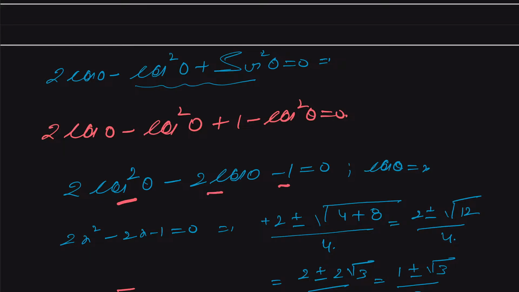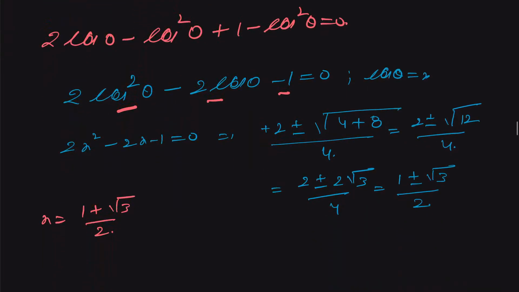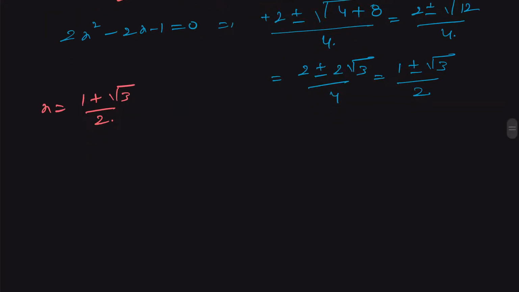This is correct. 2 minus this, and we have minus b plus minus the square root of b² minus 4ac, where minus 4 is c. Okay, this is also correct. It looks good. So you can say that our cos θ will be equal to 1 plus minus square root of 3 divided by 2.